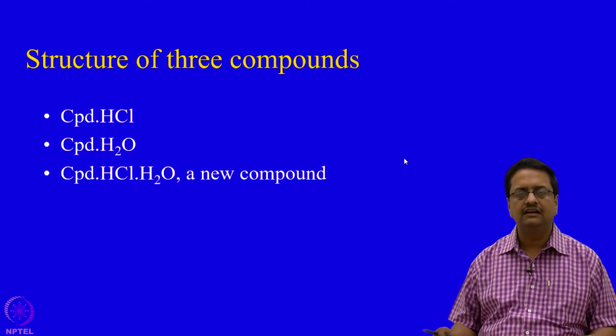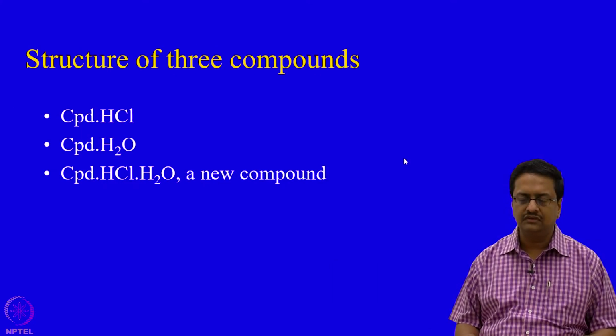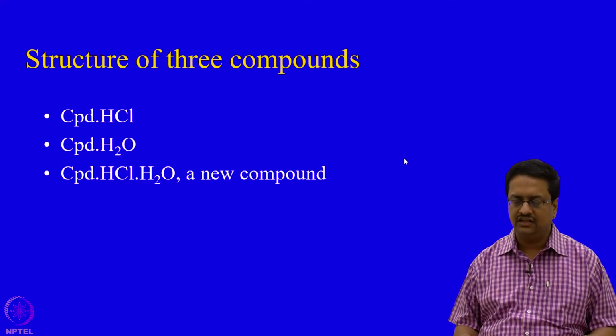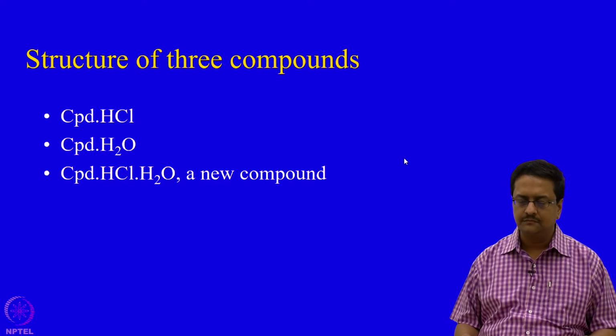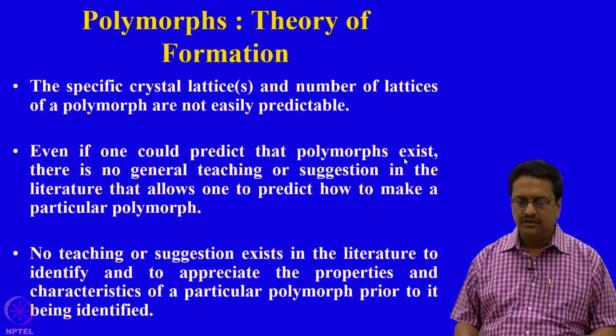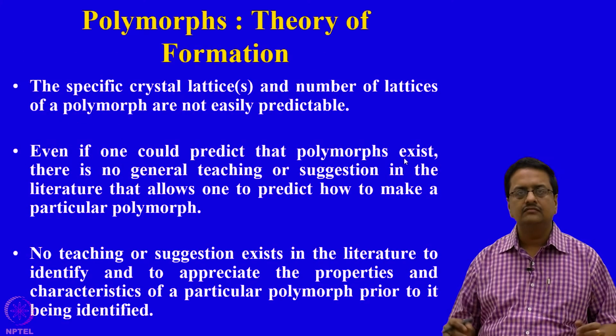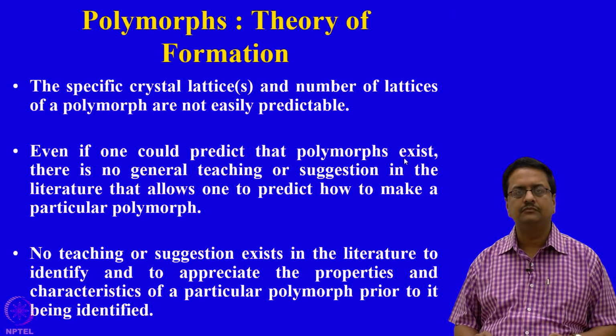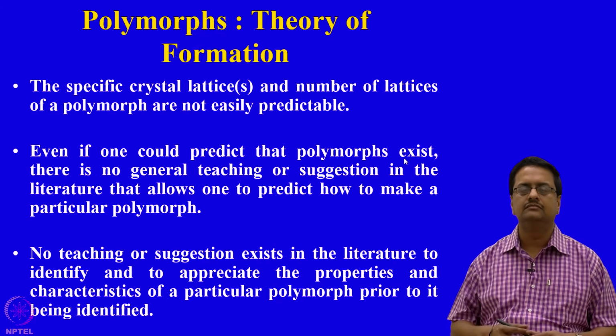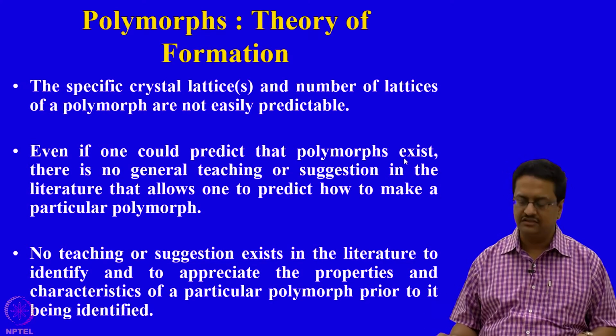So, suppose we have a particular compound with hydrochloride, HCl, as a co-former, a compound can crystallize with a water molecule, and a compound can crystallize with both HCl and water. Then this becomes a new compound and not a polymorph. Polymorph generation is a very important phenomenon in the pharmaceutical industry and in the crystal engineering community in general.